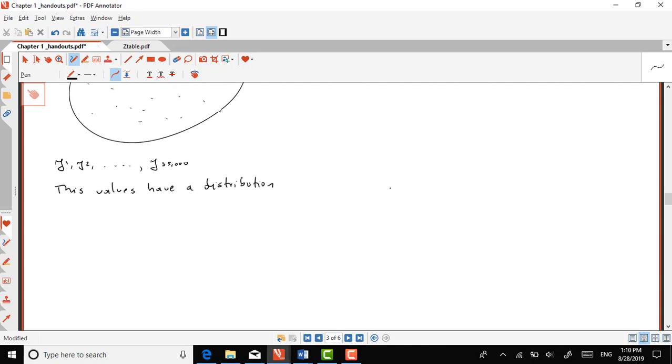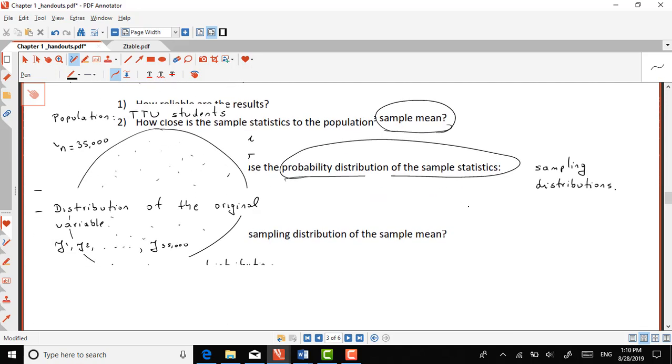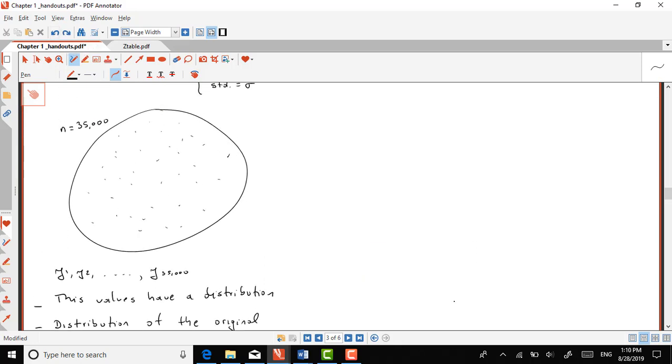So that's the distribution of the original variable. Everybody's following this.